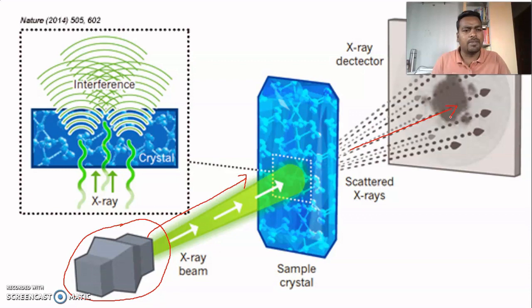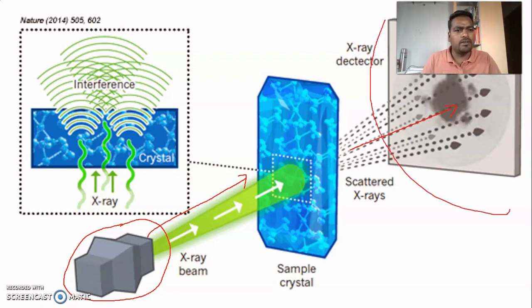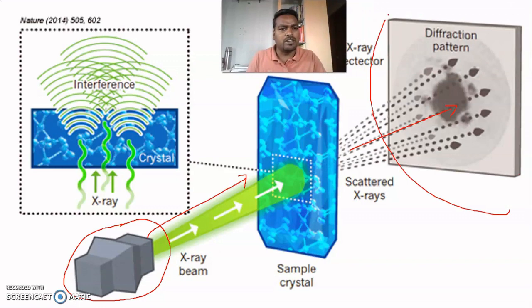These angles can be identified using a detector, and the diffraction pattern can be recorded using a photoelectric plate. This is the photoelectric plate in which the diffraction pattern of the light can be recorded.